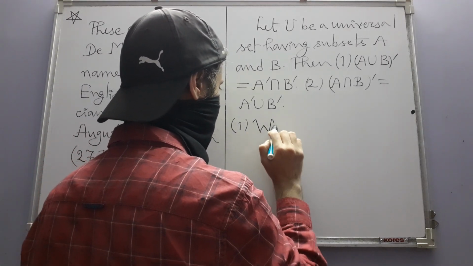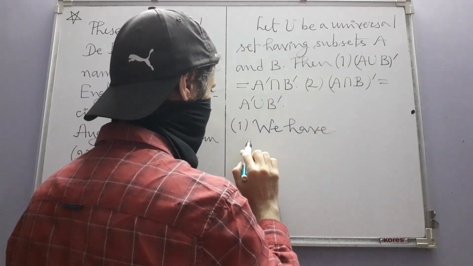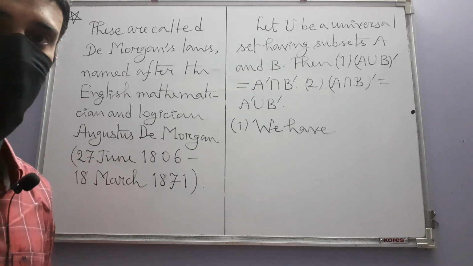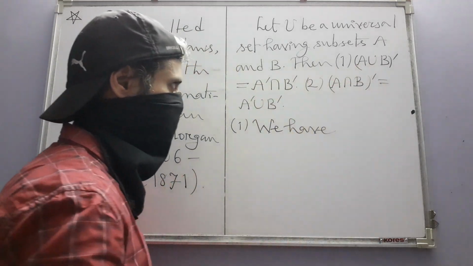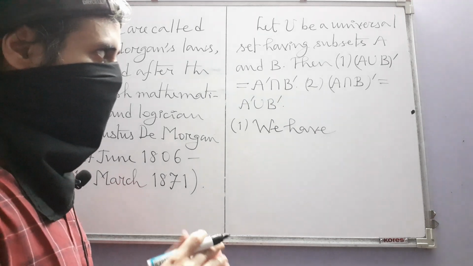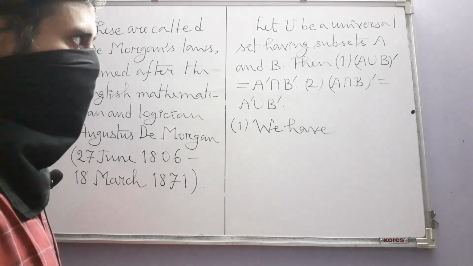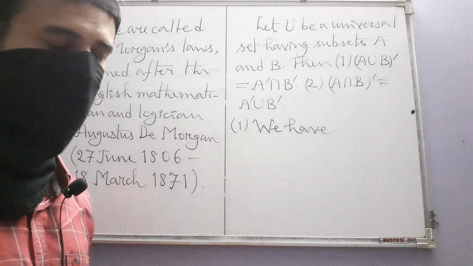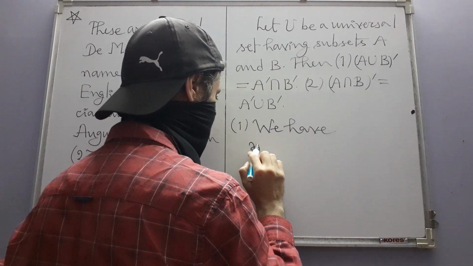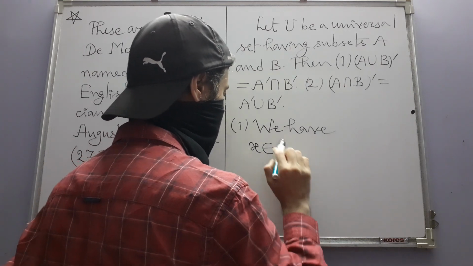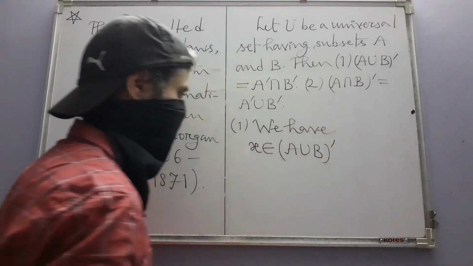We have, so what shall we do, right? Again, recall what we have to do when we need to show that two sets are equal. We need to show that each one is a subset of the other. And this we do by taking general elements. So straight away we start writing like this. X belongs to A union B complement.